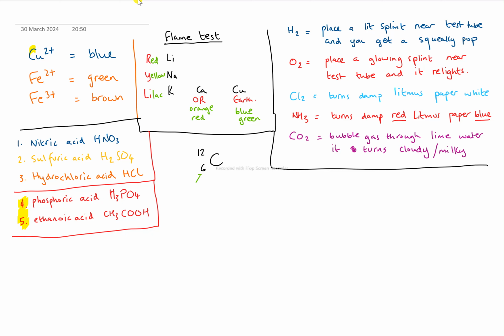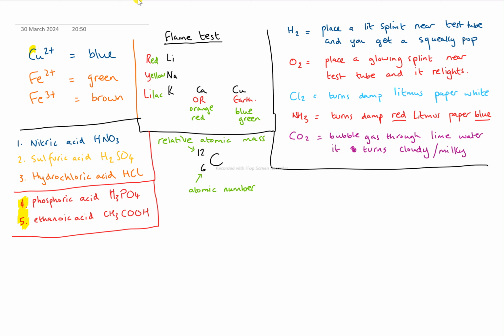This is called the atomic number for chemists. You'll also hear it being called the proton number, but for chemistry it's that. And this is called the relative atomic mass.